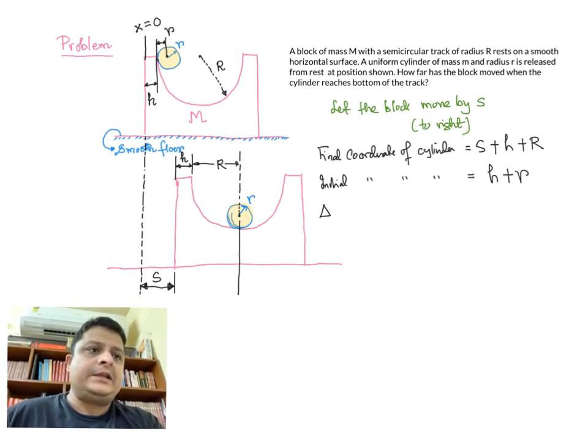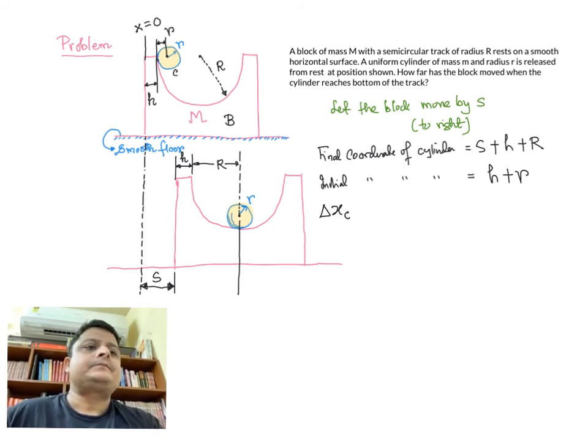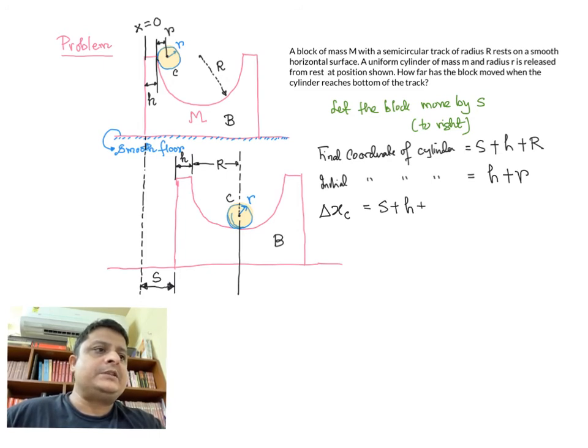So this delta x for the cylinder, say you name this cylinder as C and the block as B. So delta xC, C for the cylinder, is equal to change in the coordinates. So s plus h plus r minus of h plus r.